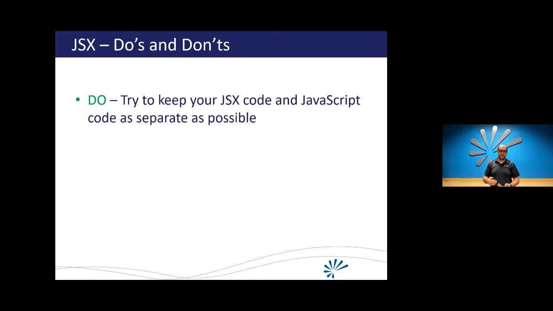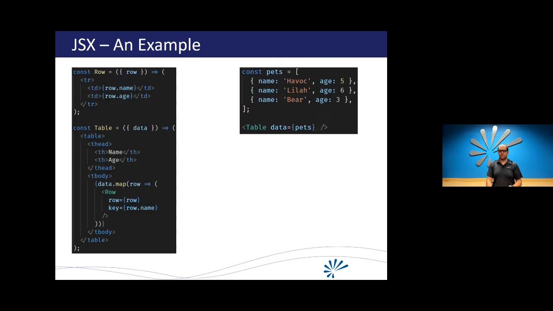So something like this, where it's just a map function, doesn't need to be extracted out into its own function. But the row makes sense to pull out because otherwise you've got a map with a little bit of JavaScript and then a bunch of HTML to read, and it makes it really hard to read.